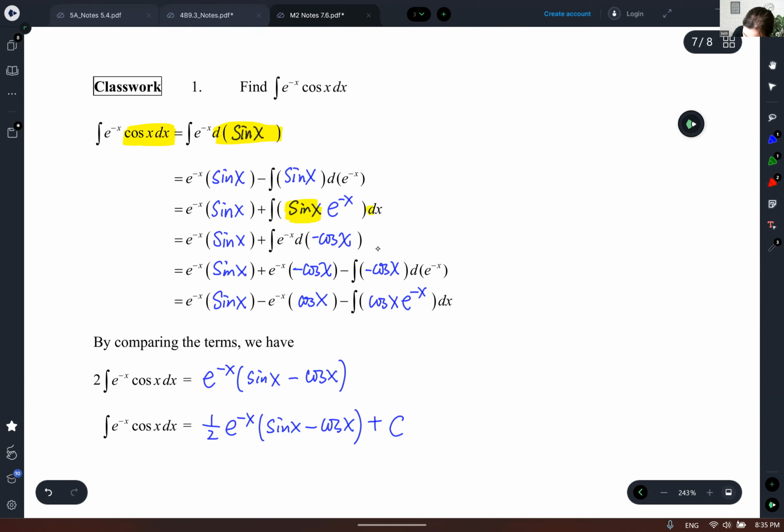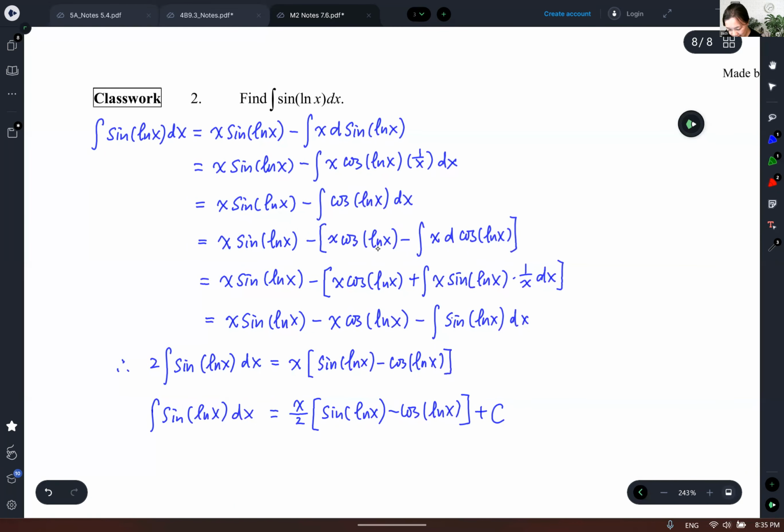Then in the end, you can find the answer by solving the equation. As long as your answer is correct, you can do it the other way. That's fine.